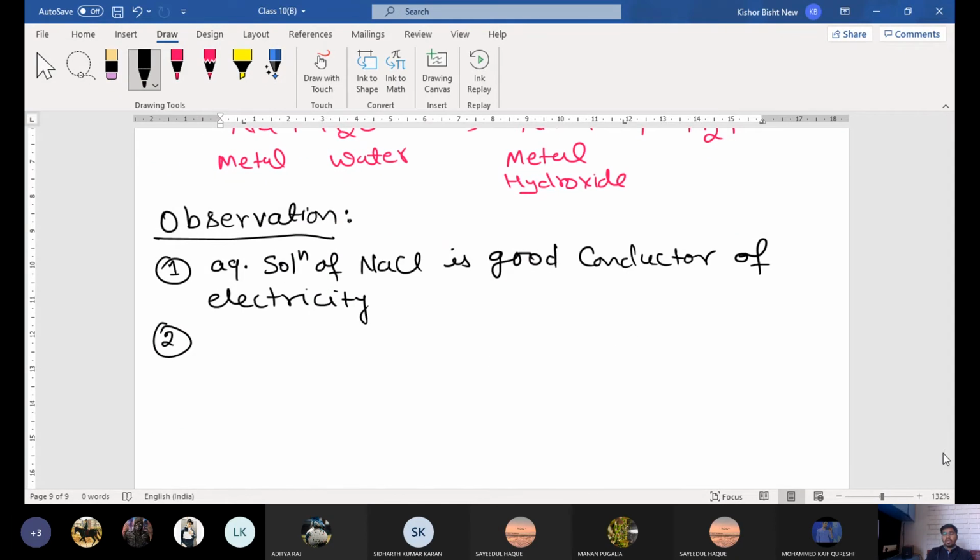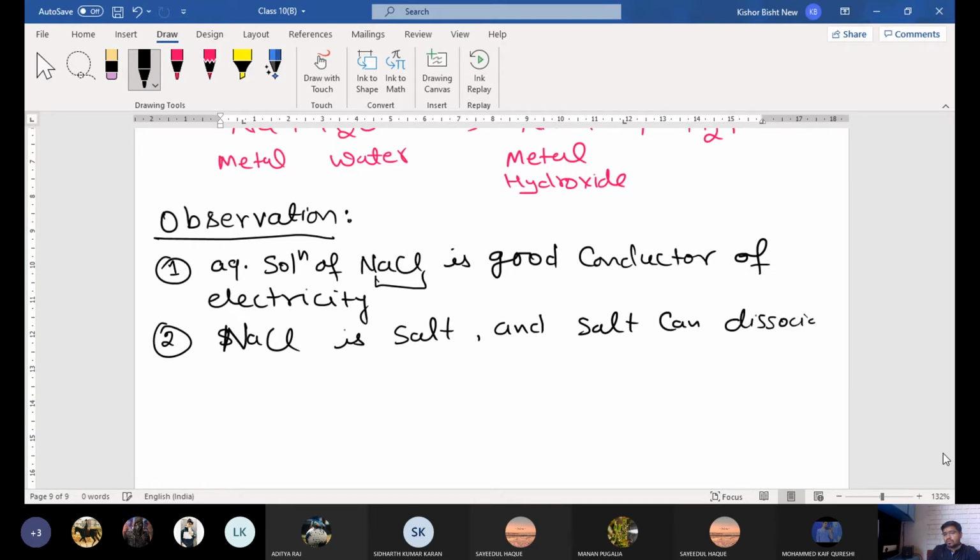While in the case of water, we added a small quantity of acid, but in this case we are not going to add any acid because this is a good conductor. Second point: NaCl is a salt, and salt can dissociate into its ions easily.